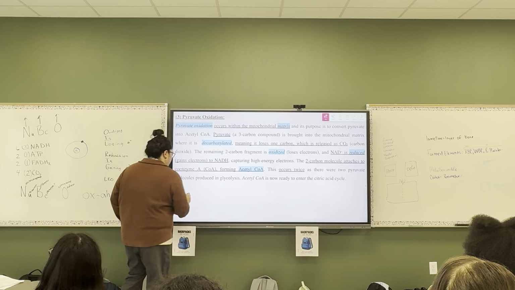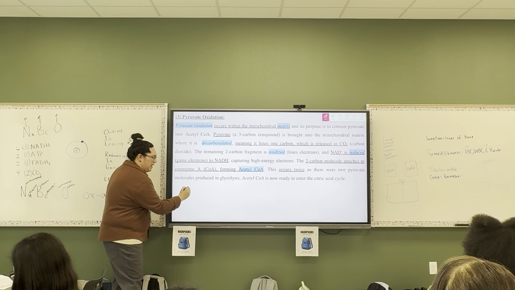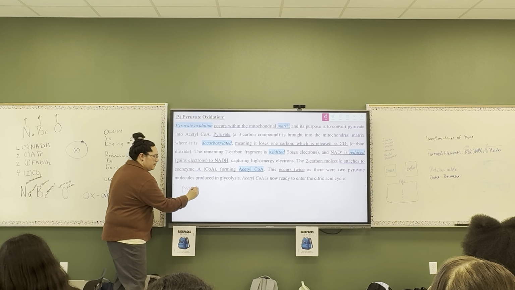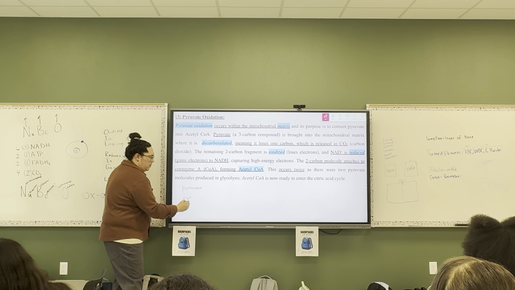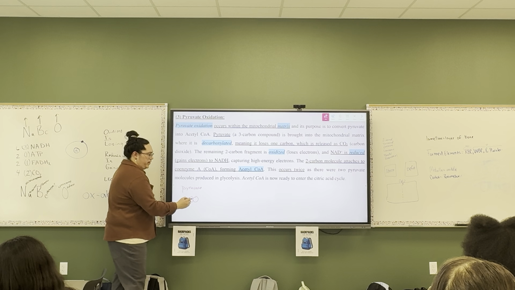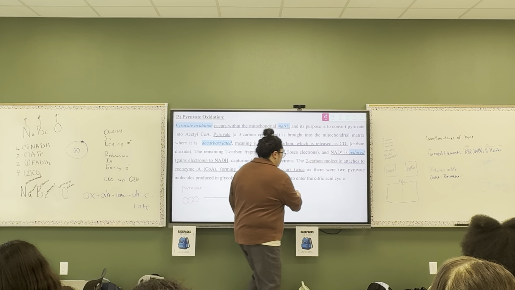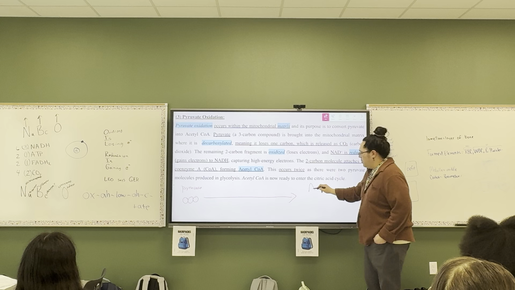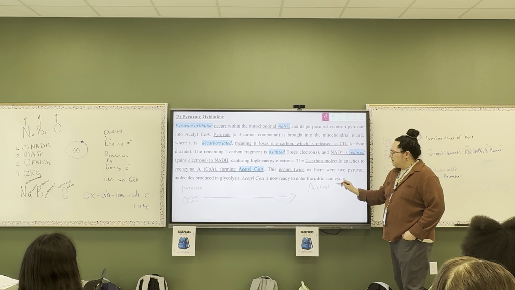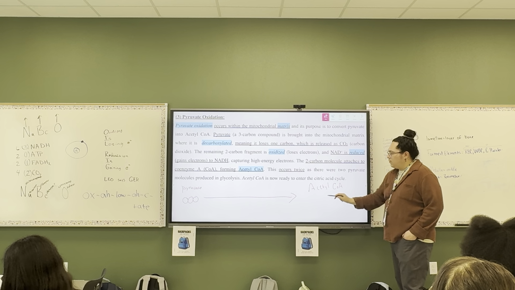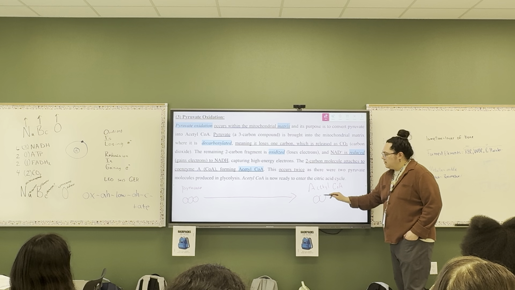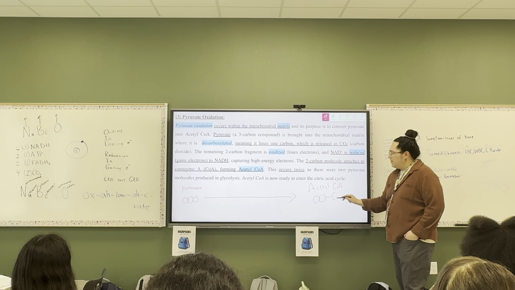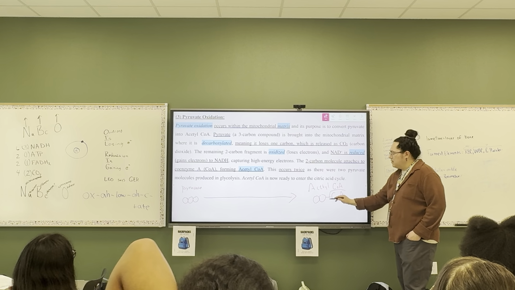So we have pyruvate, which is how many carbons? 1, 2, 3. And we're going to convert it into acetyl-CoA, which is how many carbons? It's just 2 with coenzyme A attached to it.